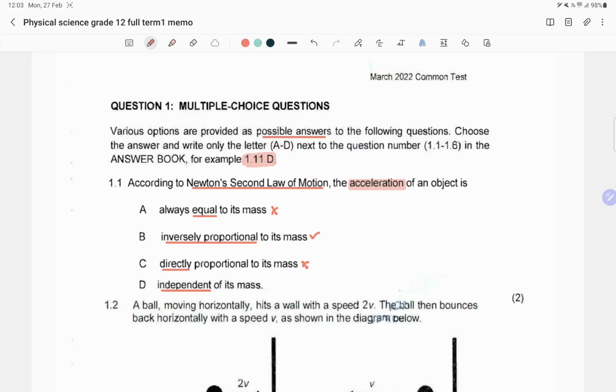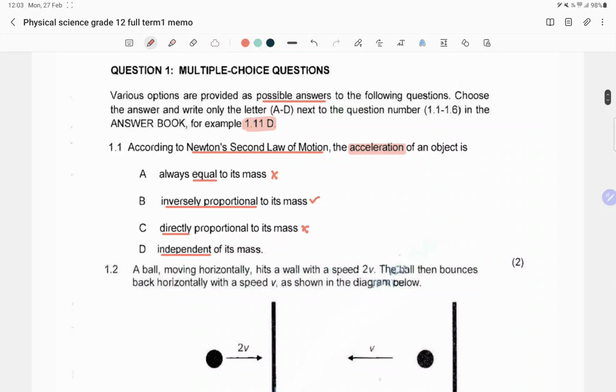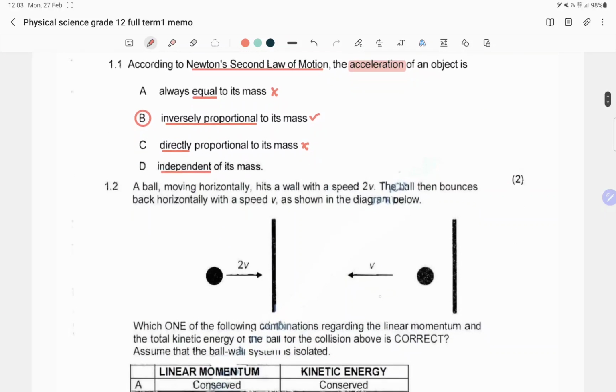As much as it is directly proportional to the force, it is somewhat dependent on the mass, because the heavier the mass, the lesser the acceleration for a given resultant force. But you can play around that as well. So the best answer then becomes B. I'm sure you can see that.